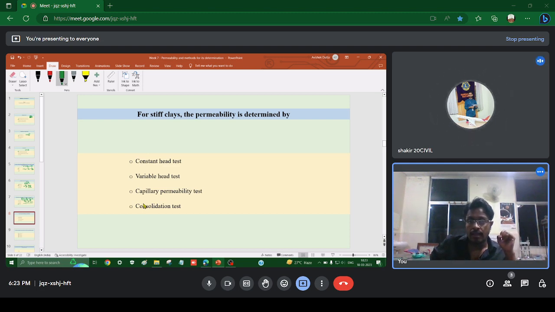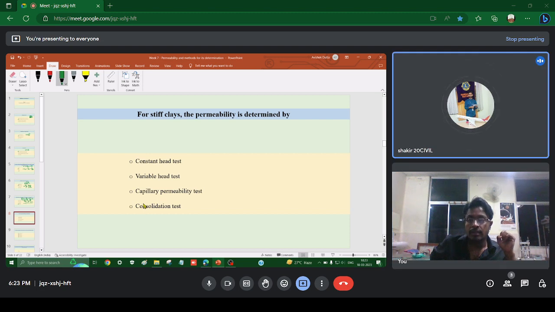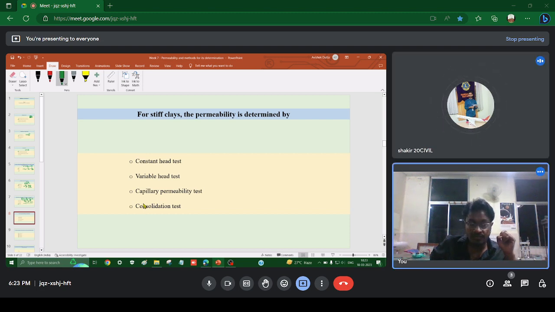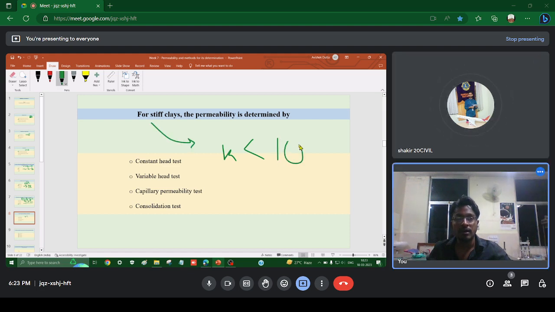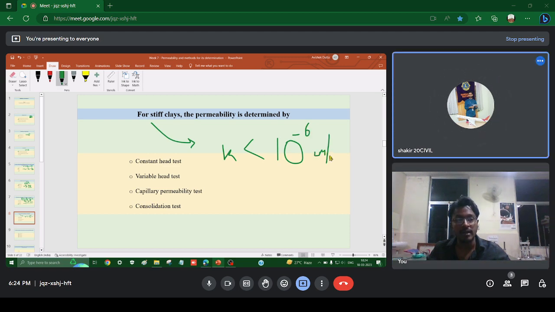In stiff clays, K is less than 10 to the power minus 6 centimeter per second.